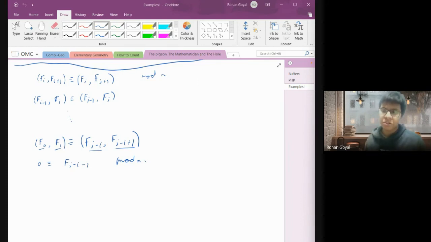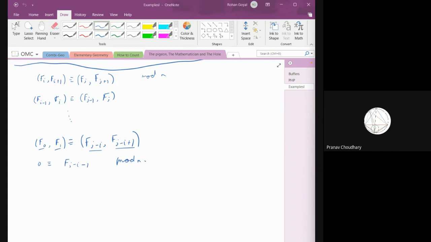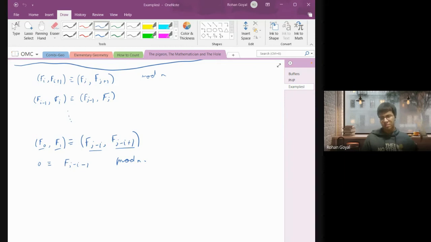In general, p square minus 1 is always a period for any prime. You can always find such periods, so I'll talk about it at some point. Let me know if you want to discuss it at some point.